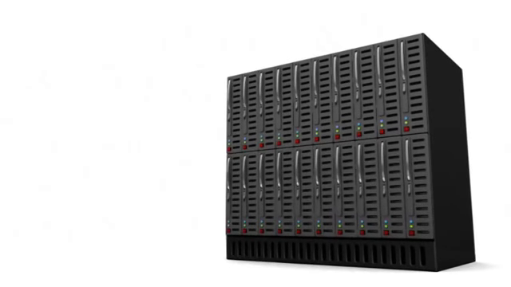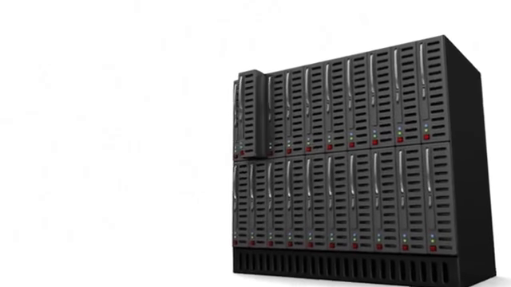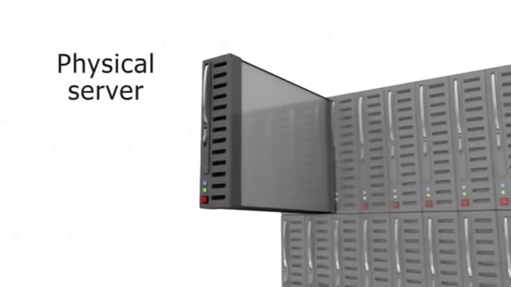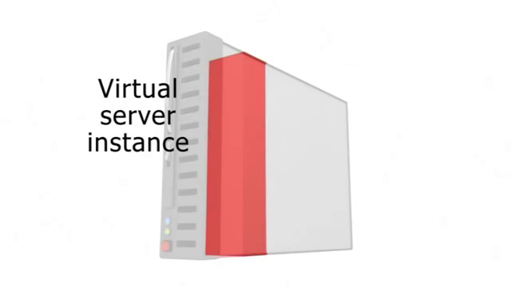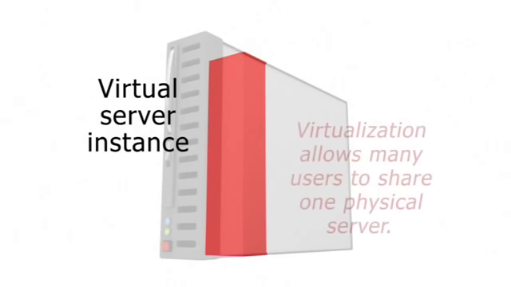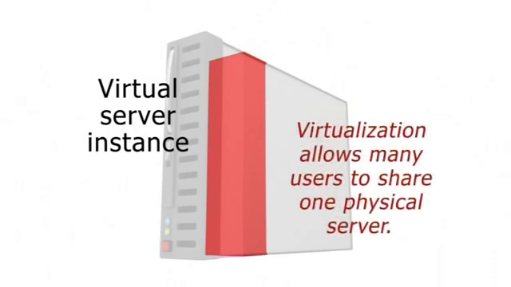Today, servers can also be physical or virtual. Physical servers are discrete individual computers. In contrast, so-termed virtual server instances are software-controlled slices of real physical servers that are shared amongst many users via a process called virtualization.